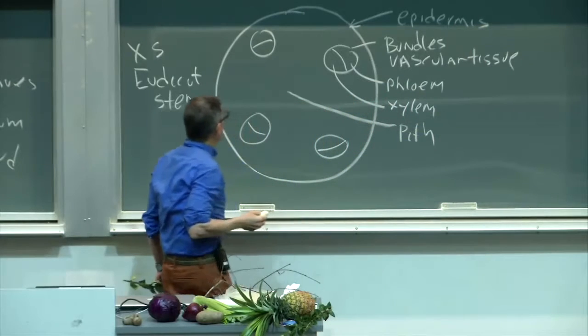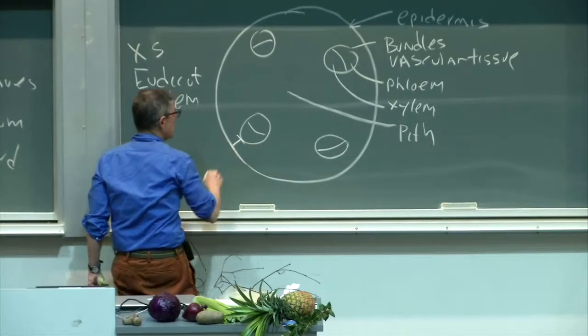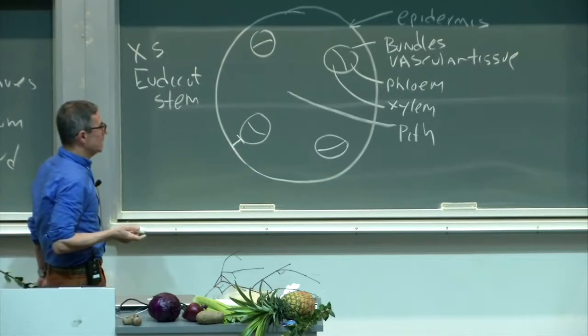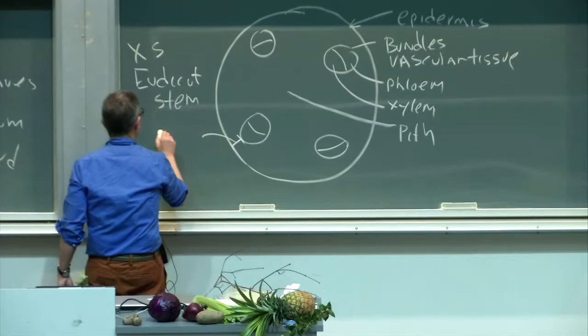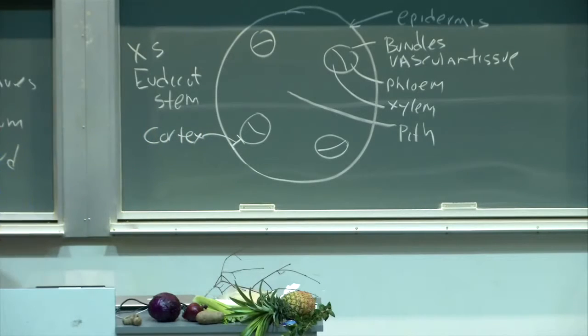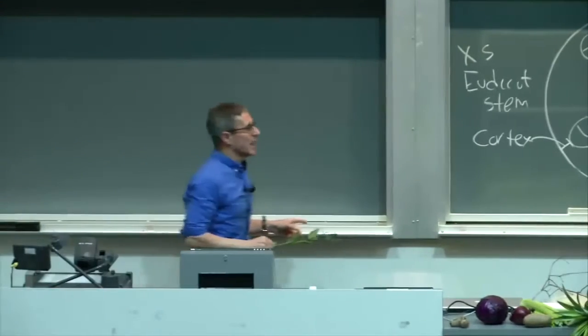And then we have to add a new layer onto this, and this new layer occurs between the bundle and, can be of various thicknesses, the bundle and the epidermis. You've seen this layer before in the roots. This is the cortex. So this is the typical cross-sectional stem structure of a eudicot.